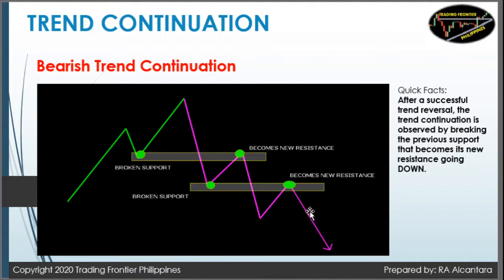as long as the market shifts its momentum to its opposite direction. Okay? So again, once this support gets broken, this structure will become new resistance later on, and we can find opportunities for selling. Okay, same thing for a trend continuation. Once this second cycle of broken support got broken, it becomes its new resistance.